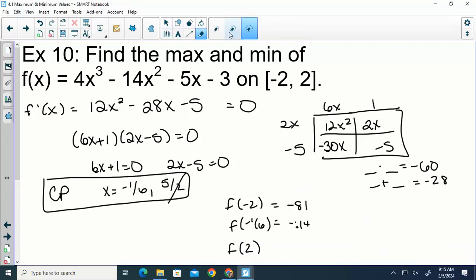Oh, I may have put it in wrong. Make sure you put the -1/6 in parentheses.